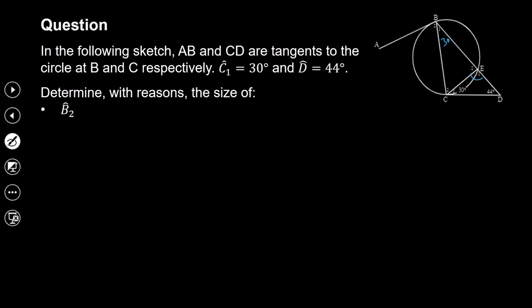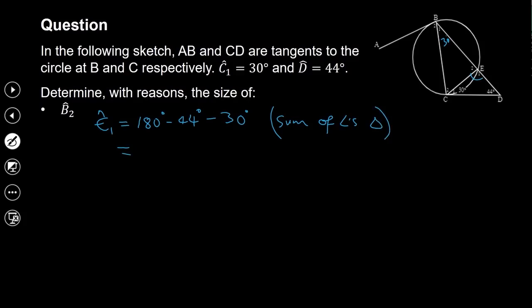So firstly, I will say that E1 is equal to 180 degrees minus 44 degrees minus 30 degrees. And what is the reason for this? Sum of angles in a triangle. And this will therefore be equal to 180 minus 44 is 136. 136 minus 30 will be 106 degrees, right?